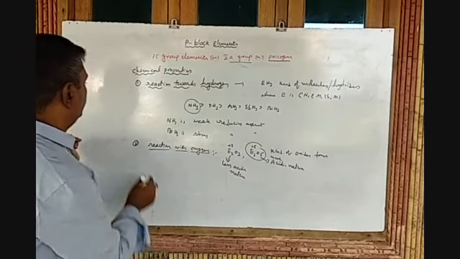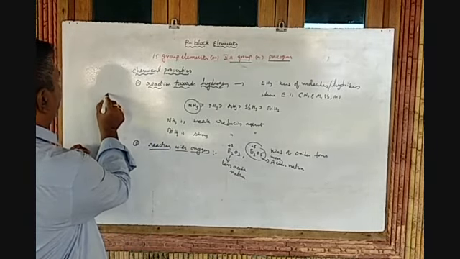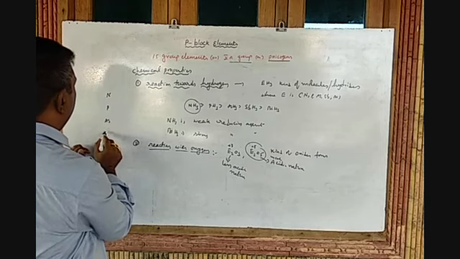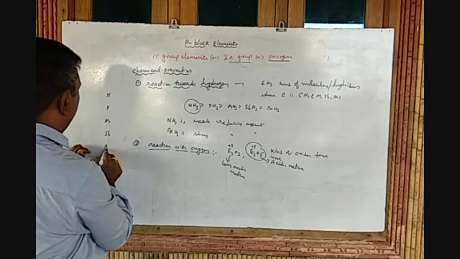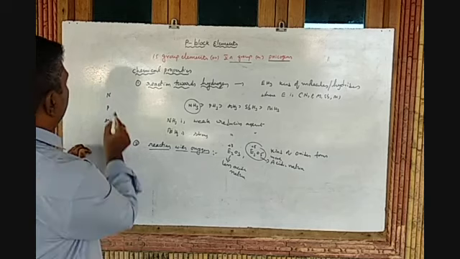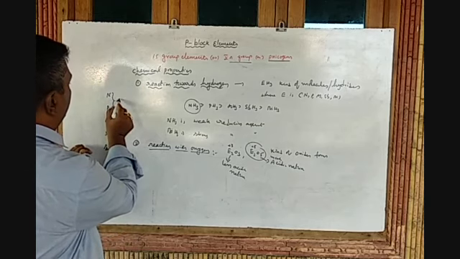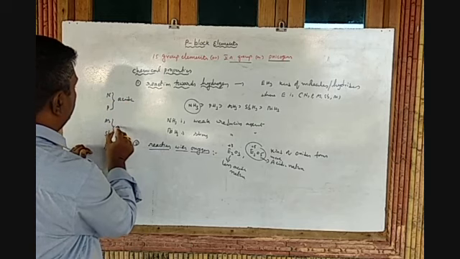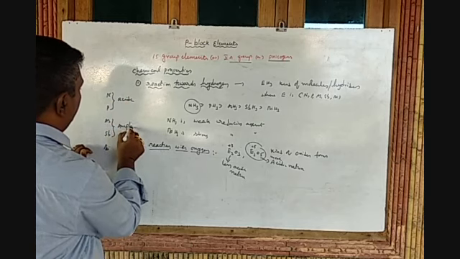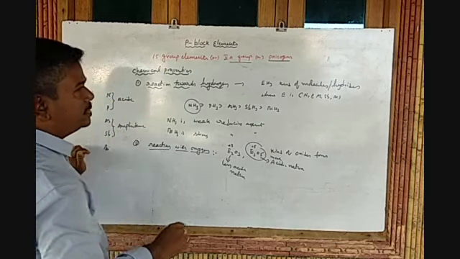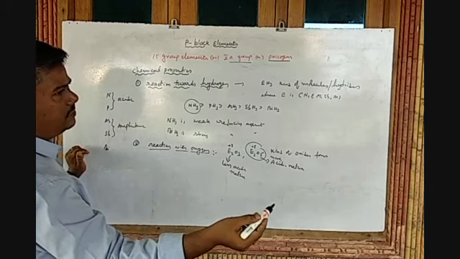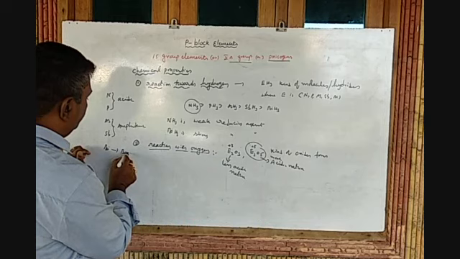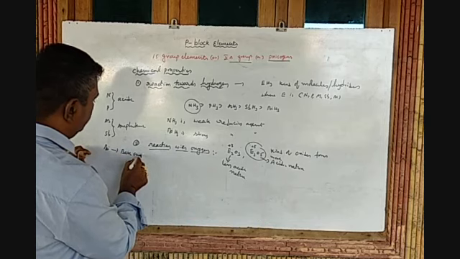The remaining ones? So while you are talking about nitrogen, phosphorus, arsenic, antimony and bismuth, what happened? These two oxides are acidic, these two oxides are amphoteric, meaning they exhibit both acidic character as well as basic character, whereas in the case of bismuth, this is a basic oxide.